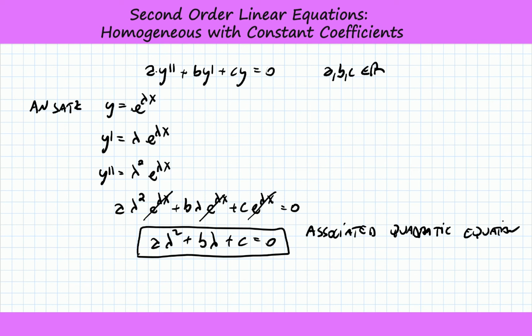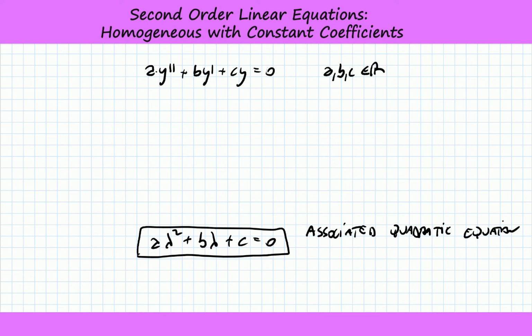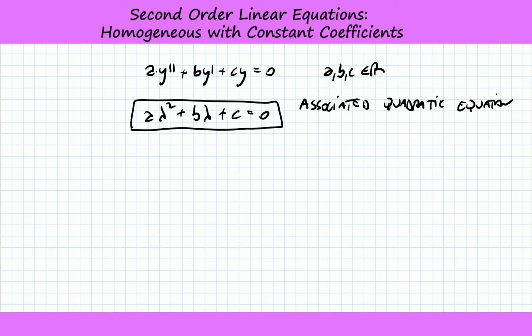So now, this is basically to motivate why we will use this equation. We don't need to do this process all the time. We're just going to remember this quadratic equation. And let's just observe how you can obtain the quadratic equation simply by looking at the original equation. You basically keep the coefficients and you transform y into lambda, and you transform the order of differentiation into a power of lambda.